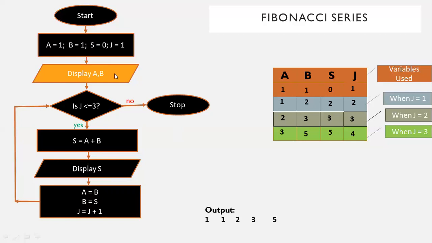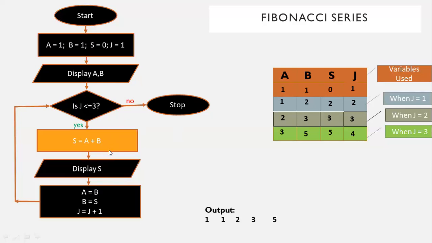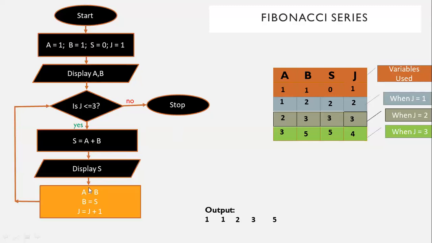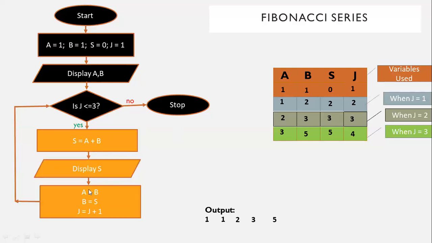So we need 3 more numbers inside the loop. That's why we have created a situation so that this line of statements will run for 3 times. These 3 lines of statements run for 3 times. So that is how we have created the loop for J that is less than or equals to 3.